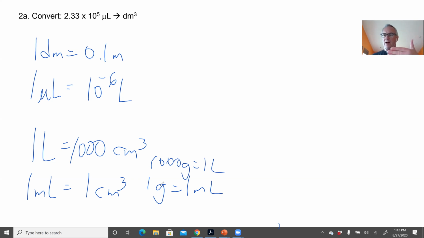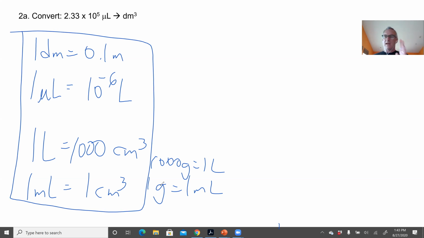So we've got to figure out some way. We use all this information over here to get us from decimeters to liters. We need to figure out some way we can move that from one to the other. So what's another way of expressing a decimeter?